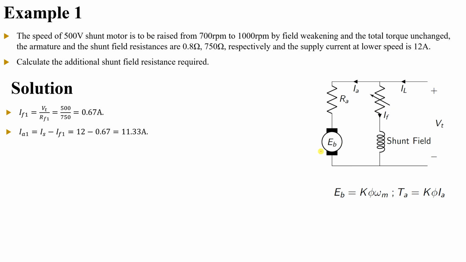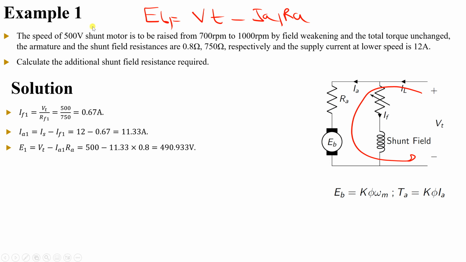Can you get the first induced EMF? Yes, by applying KVL, or as you know, E back in a motor equals V terminal minus I armature R armature. So E back 1 will be V terminal minus I armature 1 R armature, equal to this value. So we have the first induced EMF, we have the first armature current, and we have IF1.